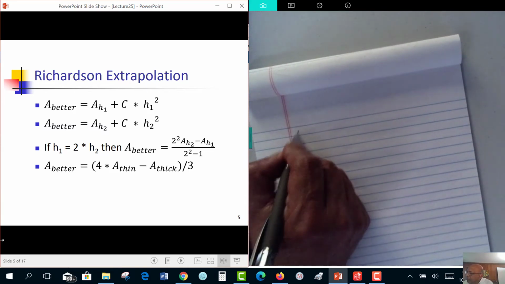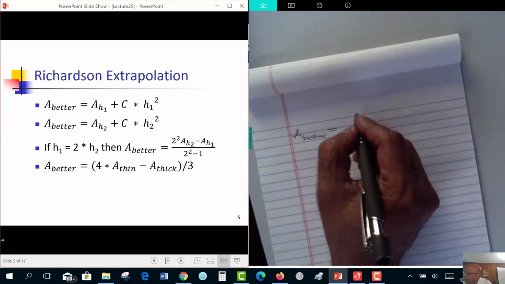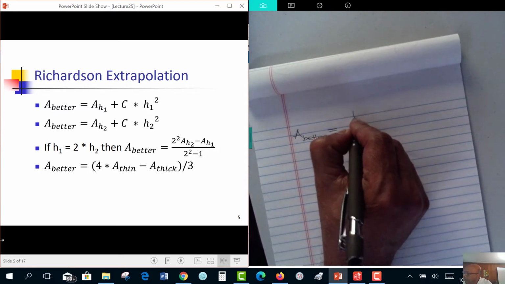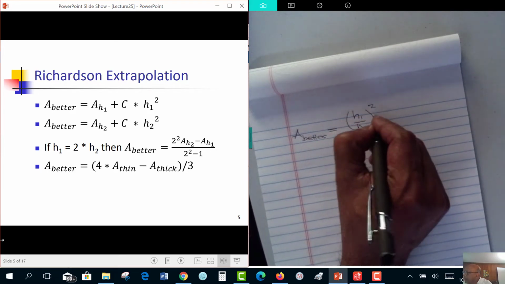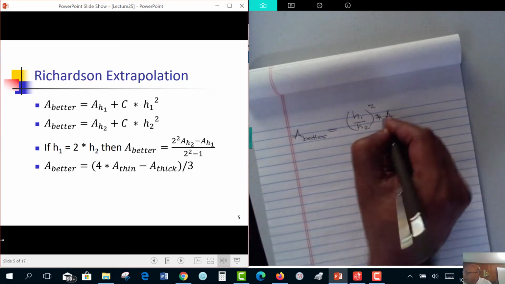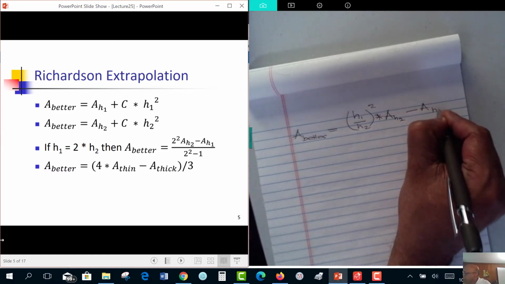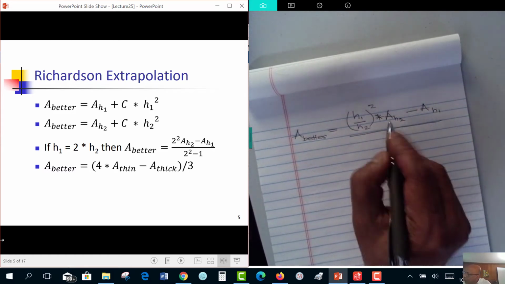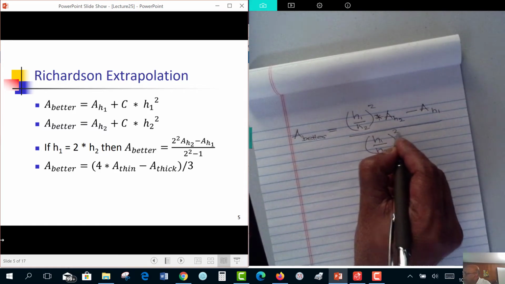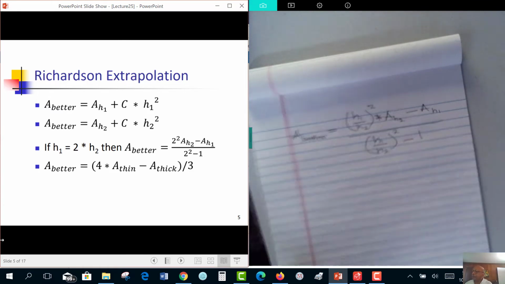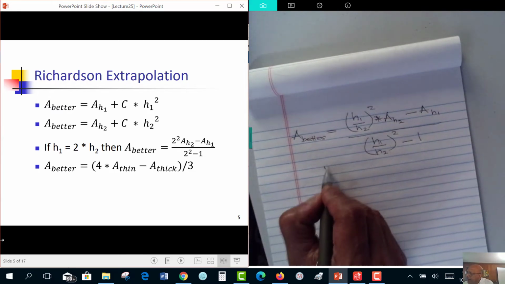So we find that a beta is equal to h1 over h2 squared times area h2 minus area h1, over h1 by h2 squared minus 1. What this is really is a weighted average.